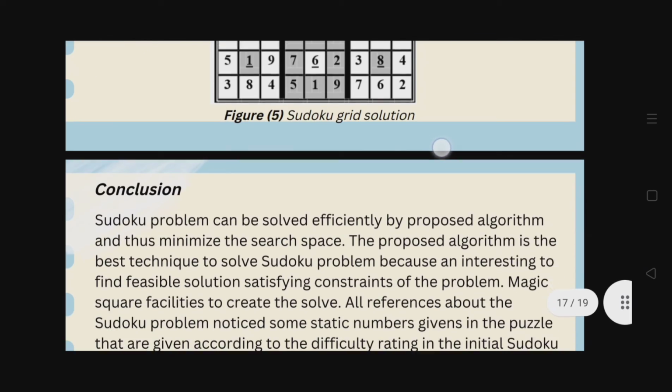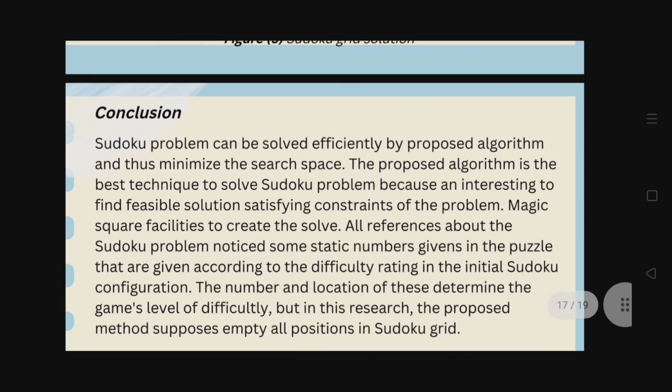So, for conclusion, Sudoku problem can be solved efficiently by the proposed algorithm and thus minimizes the search space. And the proposed algorithm is the best technique to solve Sudoku problem because it is interesting to find a feasible solution satisfying the constraints of the problem.